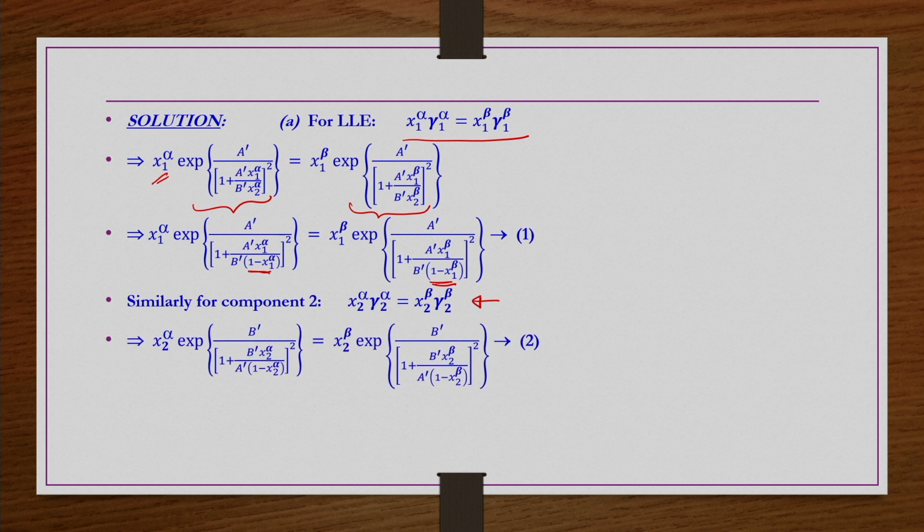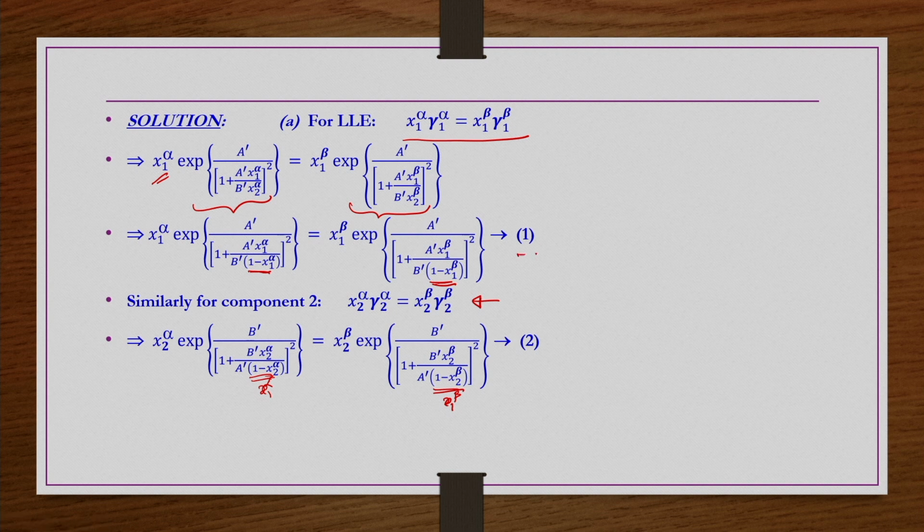That is x2 alpha times exponential of B prime divided by 1 plus B prime x2 alpha divided by A prime x1 alpha, whole squared, equals x2 beta times gamma 2 beta, which is exponential of B prime by 1 plus B prime x2 beta divided by A prime x1 beta, whole squared. Here x1 alpha is written as 1 minus x2 alpha and x1 beta as 1 minus x2 beta, so the entire equation is in terms of x2 alpha and x2 beta.